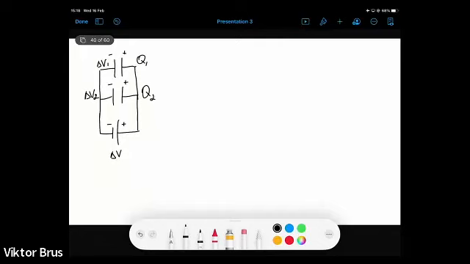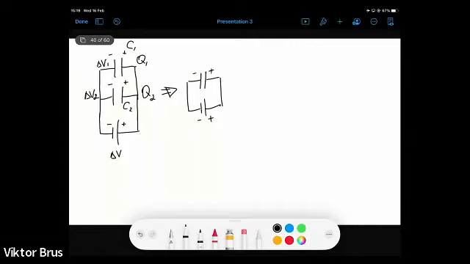So probably you already know that a battery of capacitors can be represented by some equivalent capacitor. We have the same battery here, plus minus. So here is capacitance 1, here is capacitance 2.